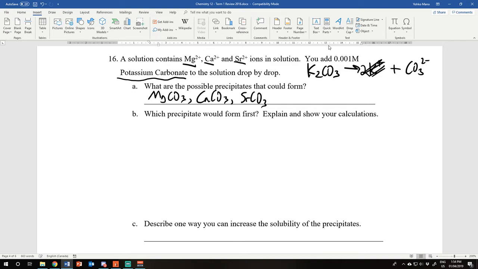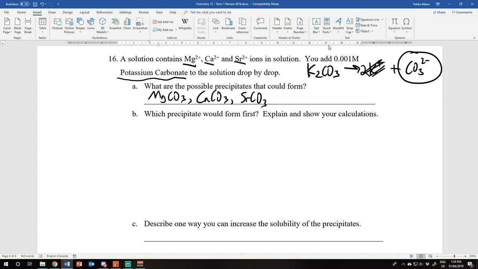Well, it turns out that they all are, because carbonate is low solubility with everything as far as we care about, except for hydrogen, alkali metals, and ammonium. Ammonium, not ammonia. So that's easy.